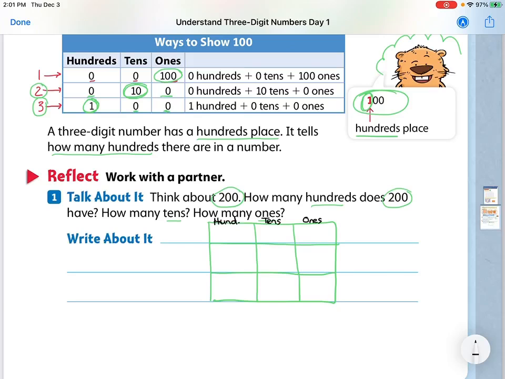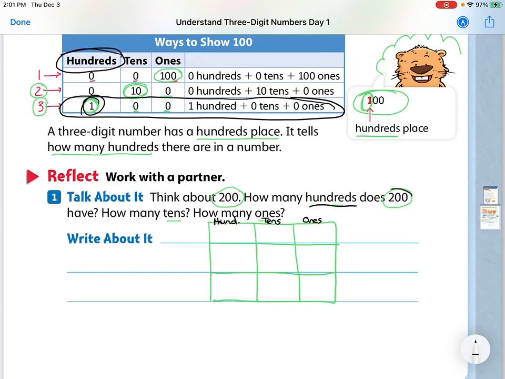All right, so it says the number 200. How many hundreds does 200 have? Okay, so let's take a look up here at this chart. This bottom row is telling us how many hundreds we would have in 100. Well, we want to know how many hundreds we have in 200.